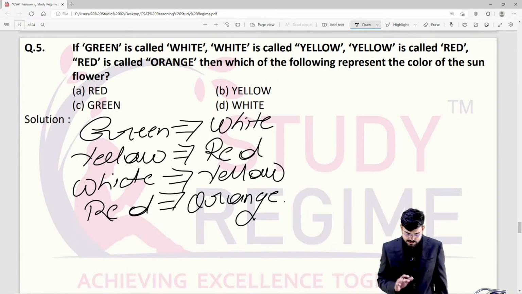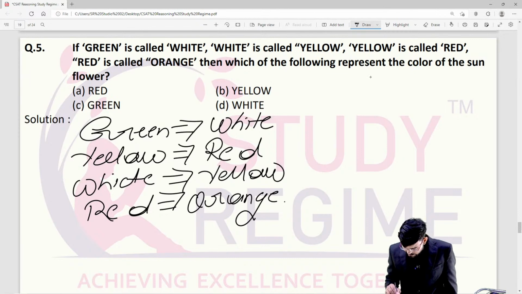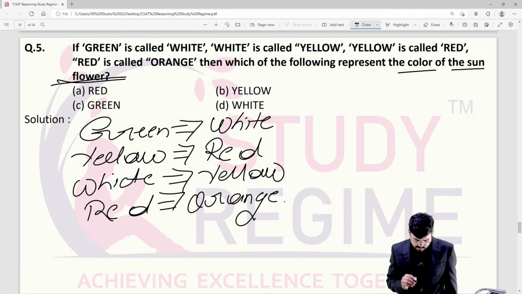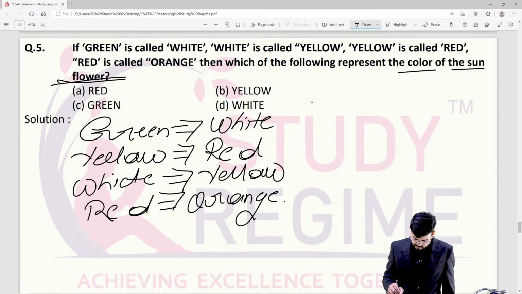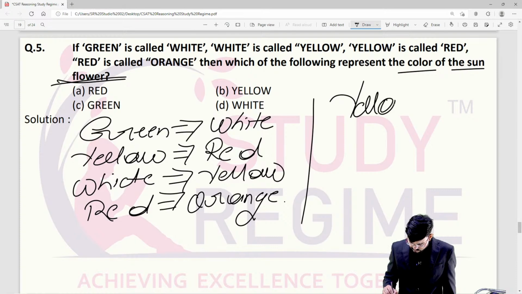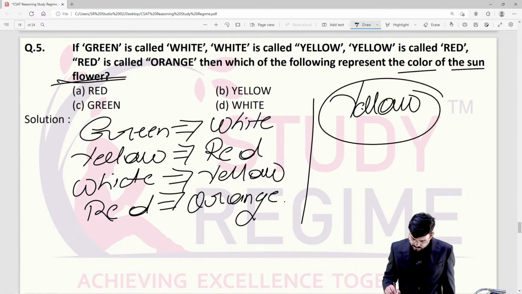Now the question is: which of the following will represent the color of the sunflower? Everybody knows the color of a sunflower is yellow.